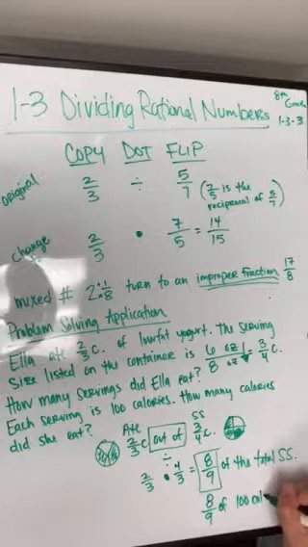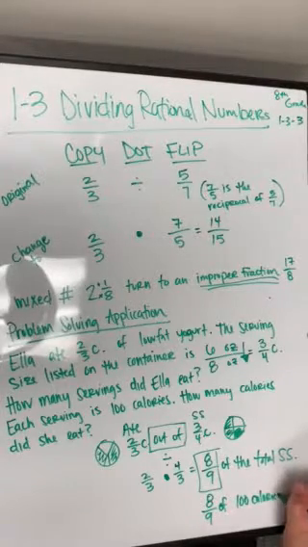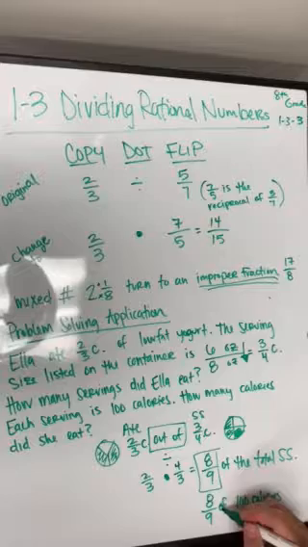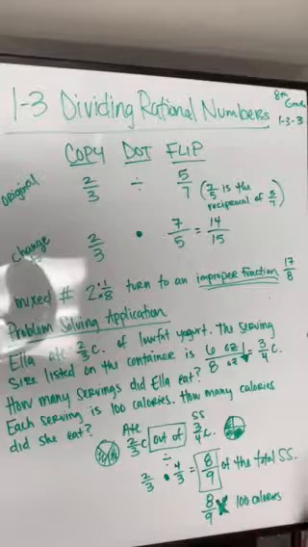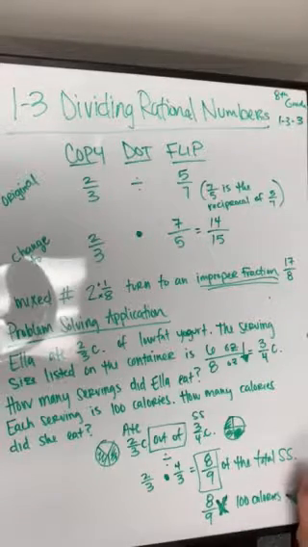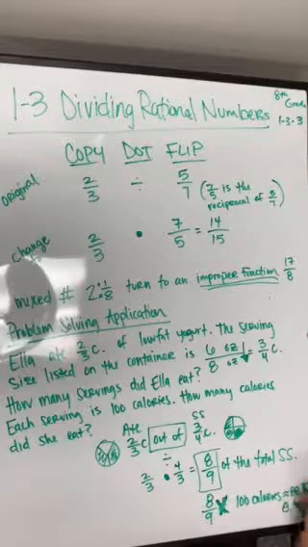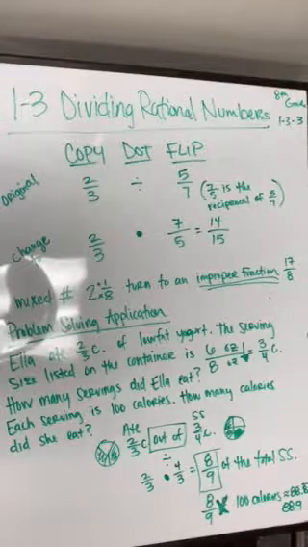And you guys should remember of is multiply. So if we take 8/9 and we times it by 100, what we'll get is something close to 88.8 repeated. So you could just say 88.9 calories that she ate in that.